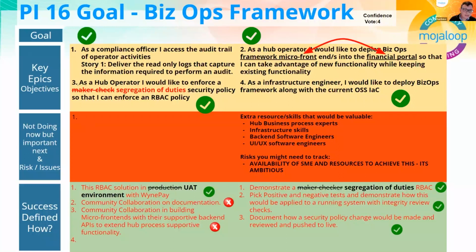Then, as hub operators, I'd like to enforce a maker-checker security policy. Now, there's a couple of different ways that you can enforce a maker-checker. To be clear, we've specified this as a segregation of duty security policy that is enforced by the RBAC. And we built this into the system, and this is maybe a bit more than just maker-checker.